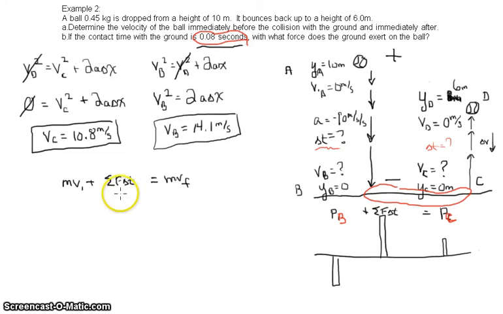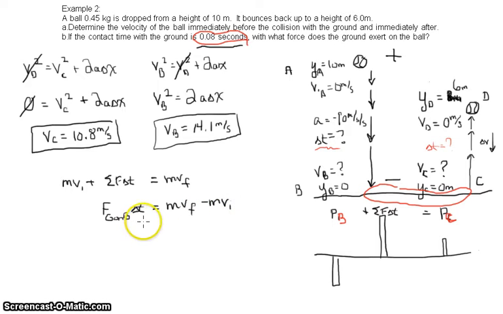Alright, now to figure out the force of the ground on the ball. So if we look at this, we can subtract m v_i from both sides, and we'll end up with the force of the ground on the ball times the time is equal to m v_f minus m v_i.